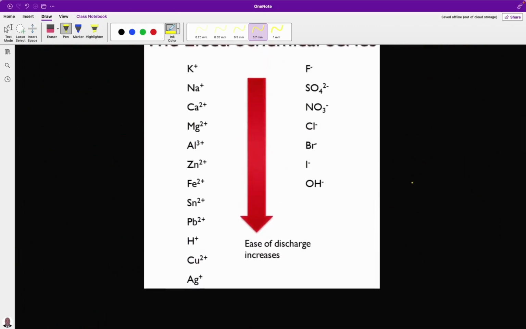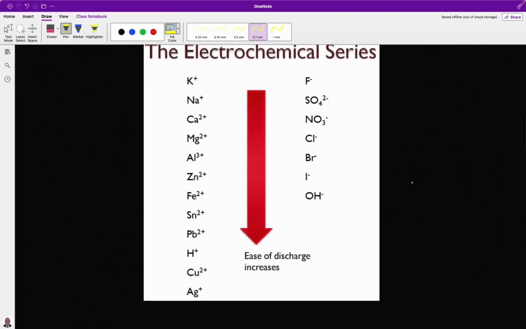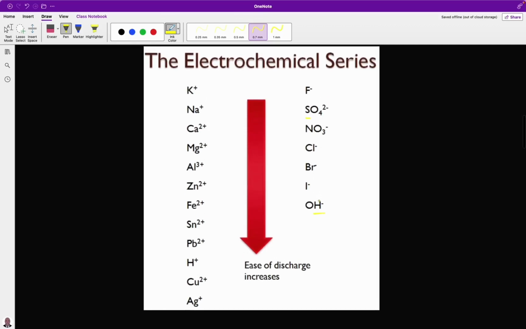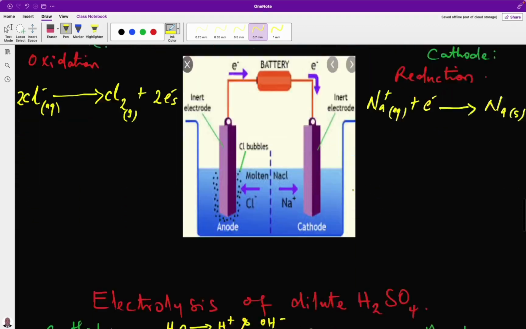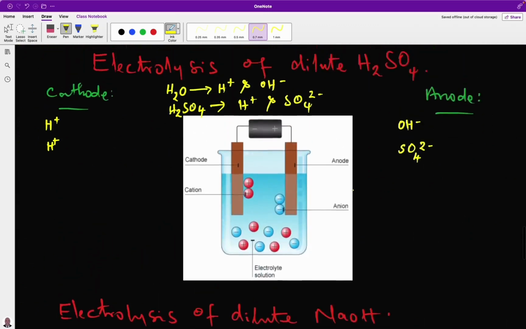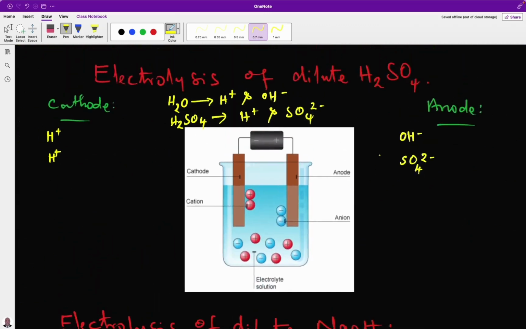We have this ion and we have this ion. Which one will be discharged? The OH ion, because it is lower in the electrochemical series. So it takes the priority. The OH ion now is the one to be taken.